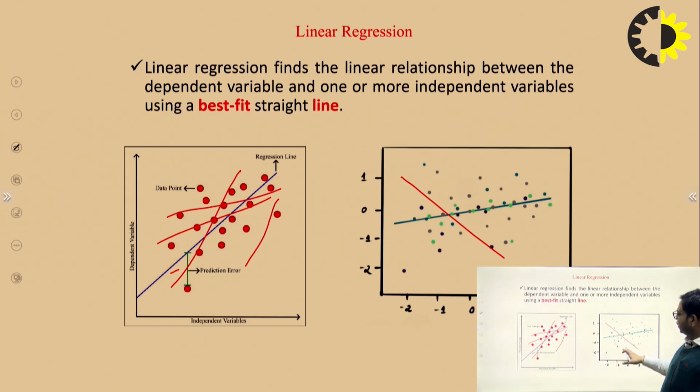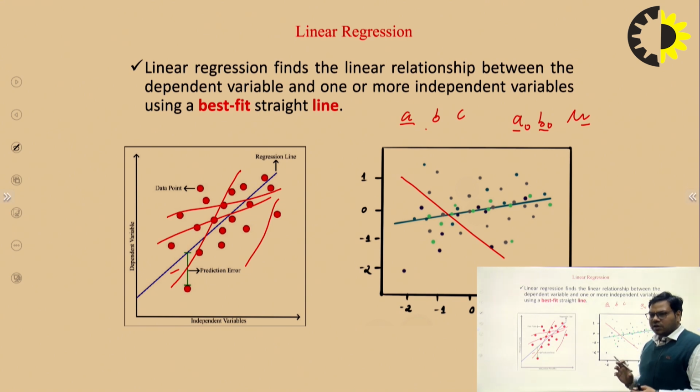When we have the data points plotted in the dimensional space, and I need to make a relationship line between them, there could be multiple lines that will vary on the basis of factors like A naught, B naught, or simply I can call it A, B, and C, where A denotes the relationship between x and y, or I must say the slope. If we are talking about the line, we can have it as a slope. The coefficient represents the slope, B could be the additional adjustment in your regression, and C is your error term.